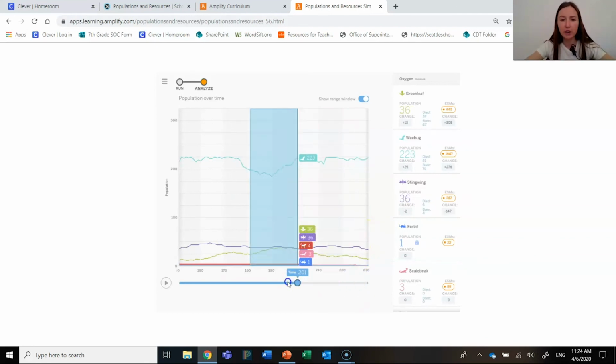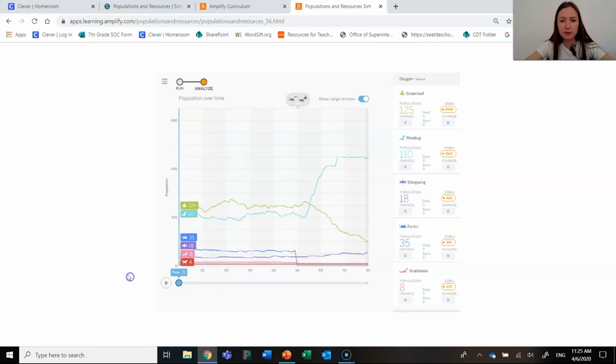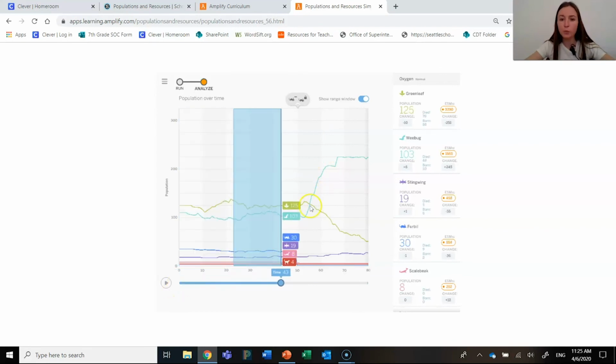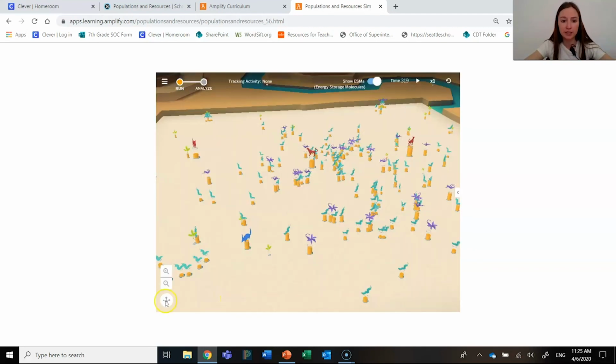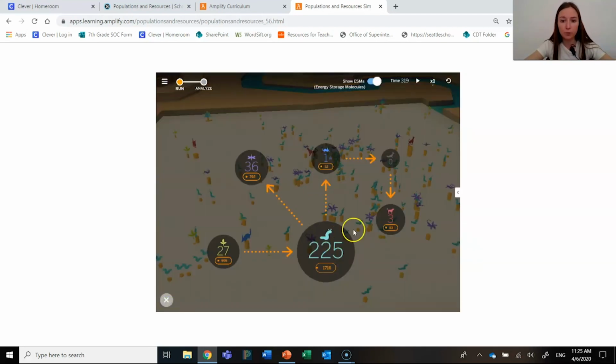Now, to try and understand why this might be happening, I noticed that the wee bug population just shot up, which means that they are needing way more energy storage molecules. If we take a look, the wee bugs are eating the green leaves.